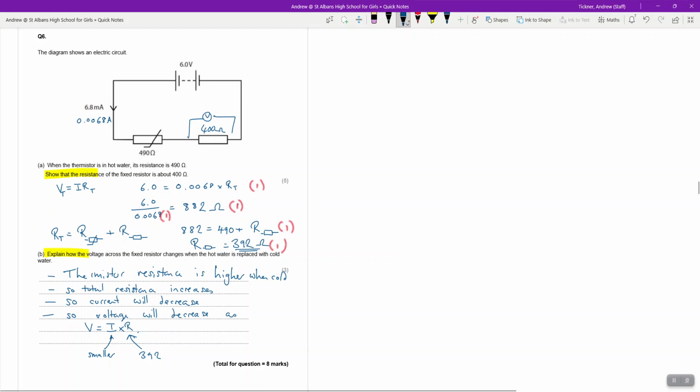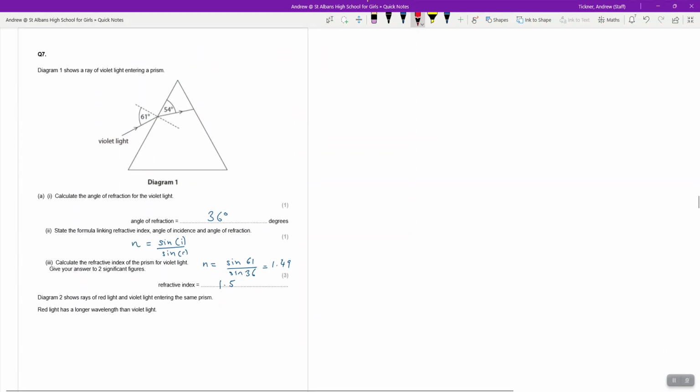Our marks here are for a recognition of what's happening to the thermistor resistance or total resistance, then a recognition that current therefore is going to go down, and a final recognition that voltage is going to therefore go down because of V equals IR. So we just take those 3 steps.